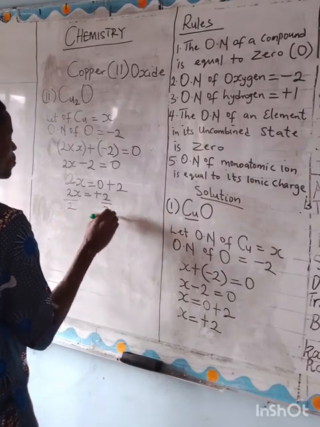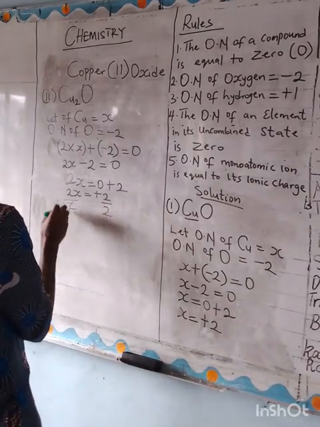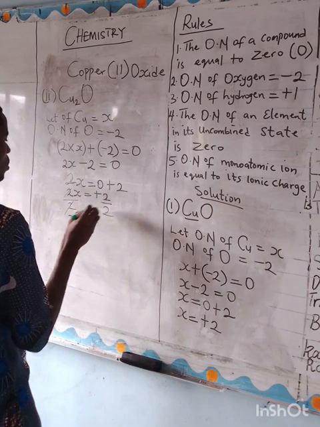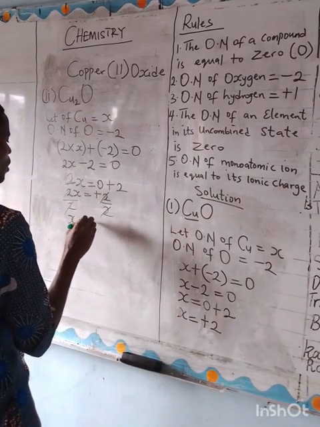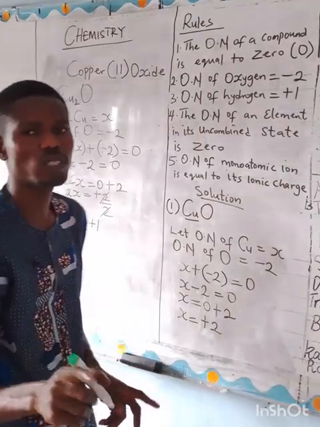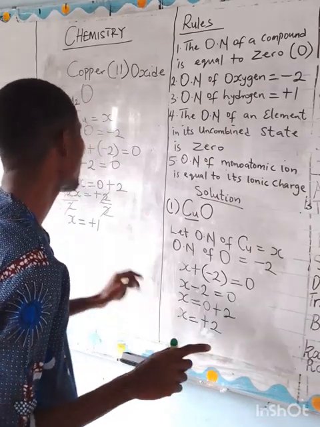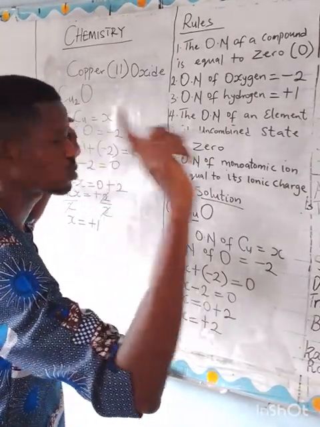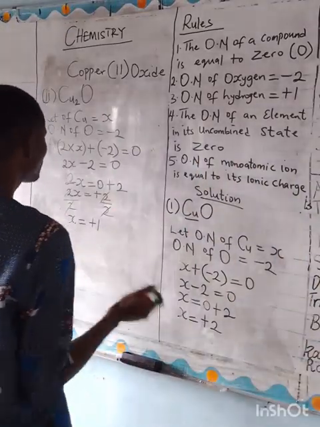This 2 cancels 2, remaining x. Equal to 2 cancels 2, remaining 1, plus 1. So therefore, the oxidation state of copper in this compound is plus 1. So how do we name it?